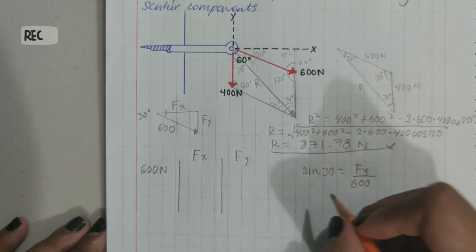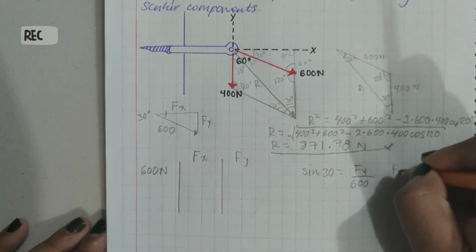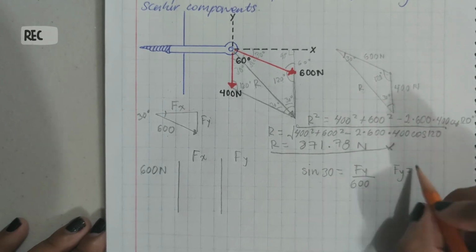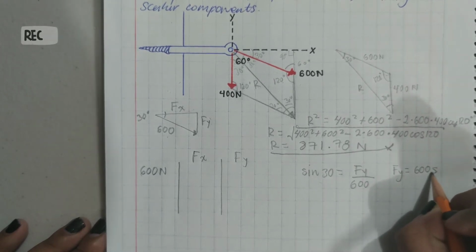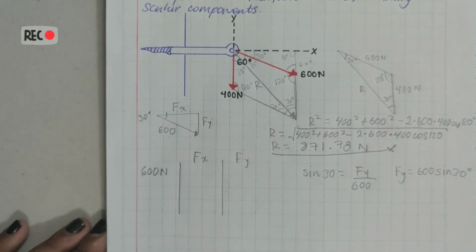So the Fy component is equal to 600 multiplied by the sine of 30 degrees.